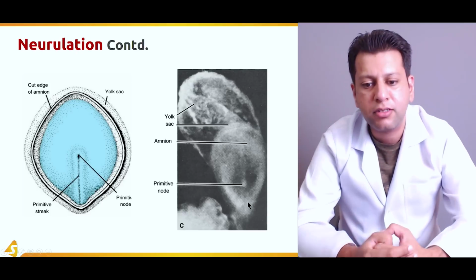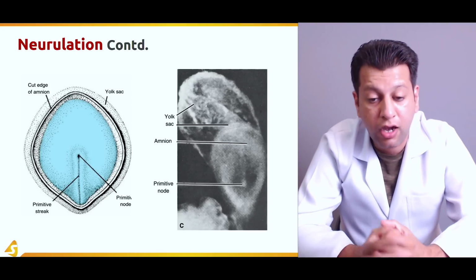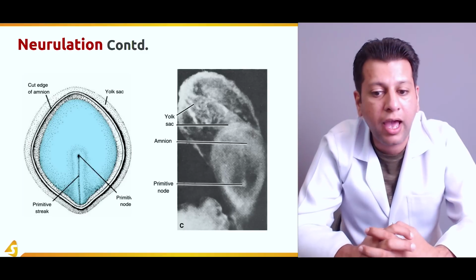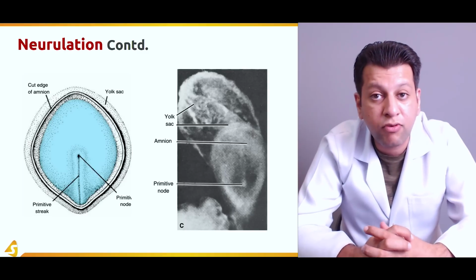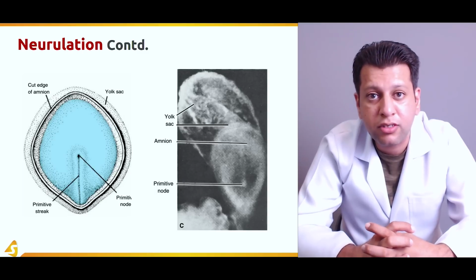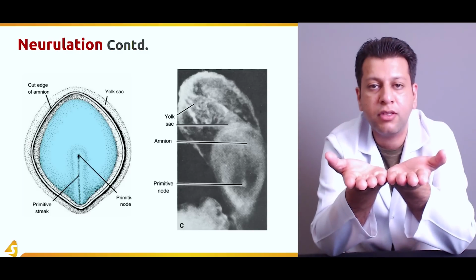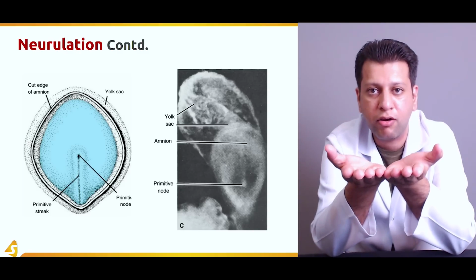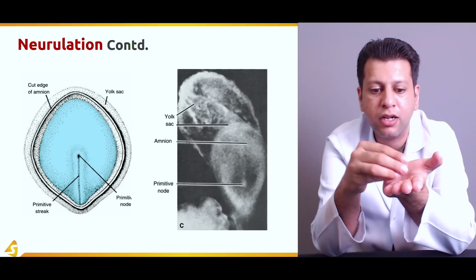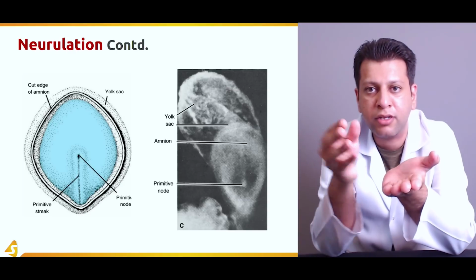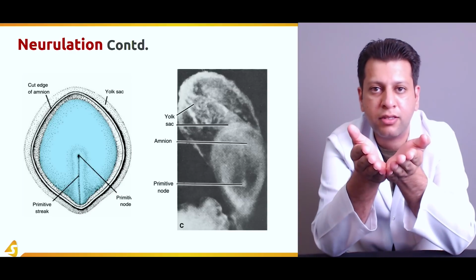What actually happens is that after this induction has occurred, these cells form a primitive node. For example, if this is the layer of the ectoderm, certain cells start to proliferate from here and here as well. Gradually they become like this.